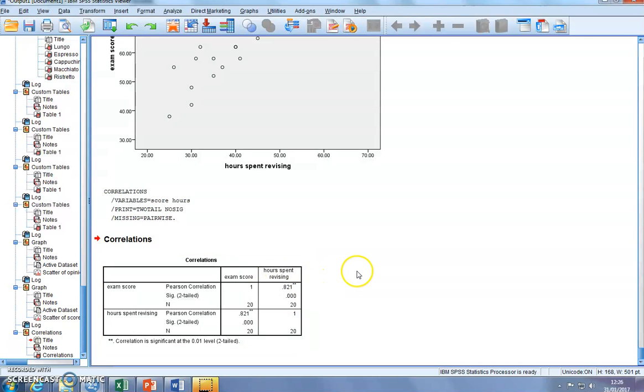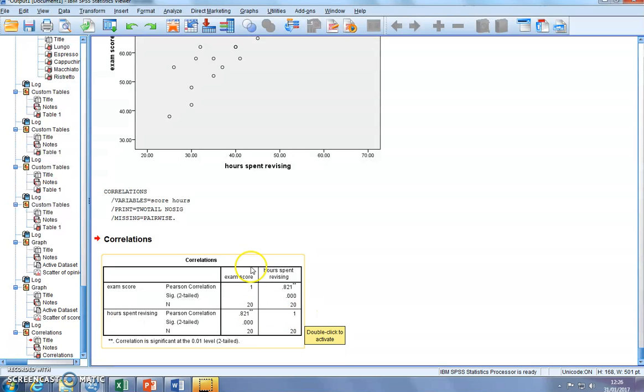It's a correlation. Well, the other boxes, they're mirrored. So if you're looking at one row like this, you're looking at the other one as well. It's not really interesting. This is one because there's a very perfect correlation between exam score and itself. There's also a perfect correlation between hours spent revising and itself.